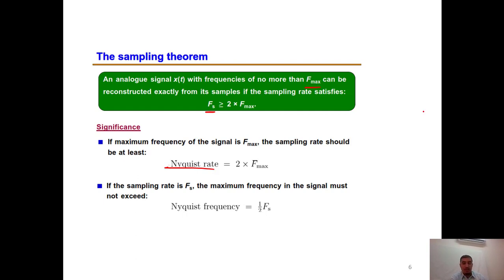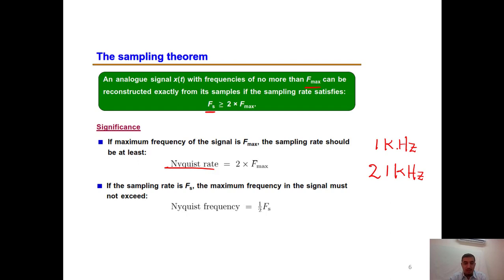So if I have an analog signal of a frequency of 1 kilohertz, my sampling frequency should be at least 2 kilohertz. This will guarantee that I can reconstruct the original 1 kilohertz afterwards in the right way.